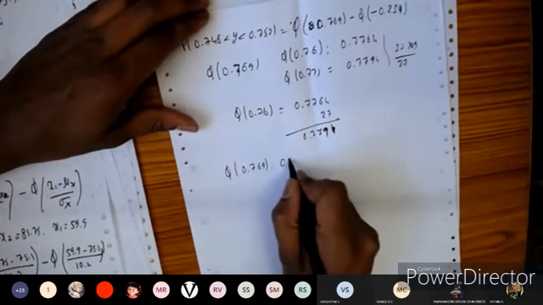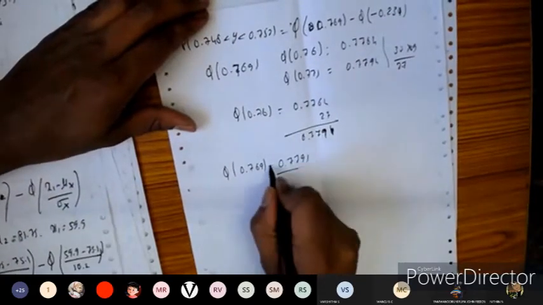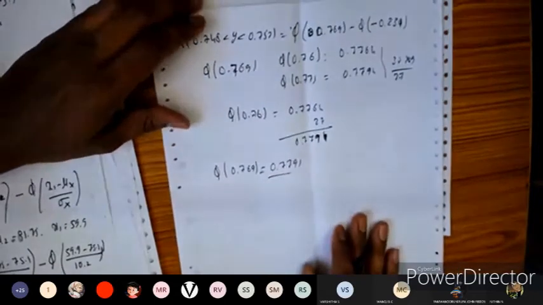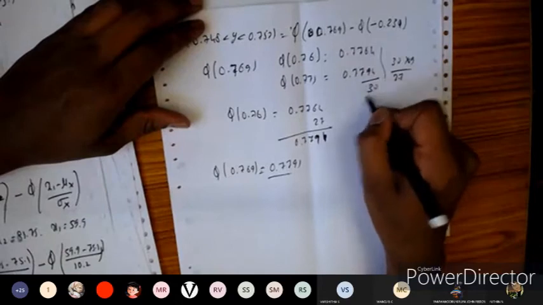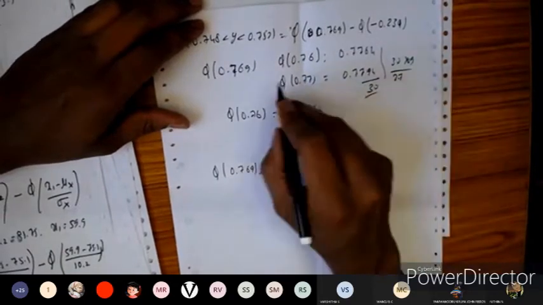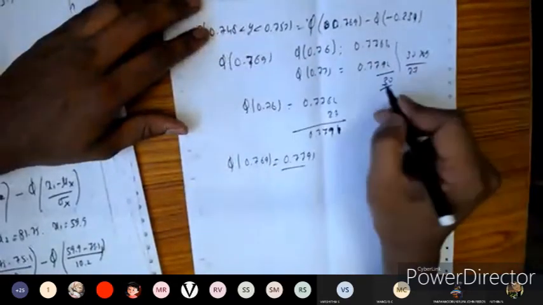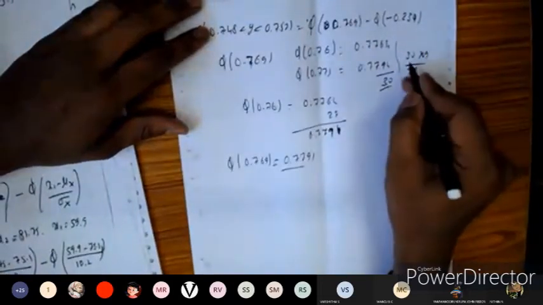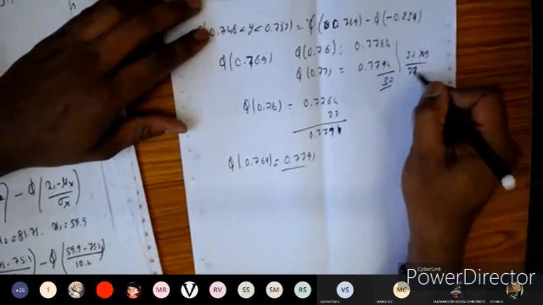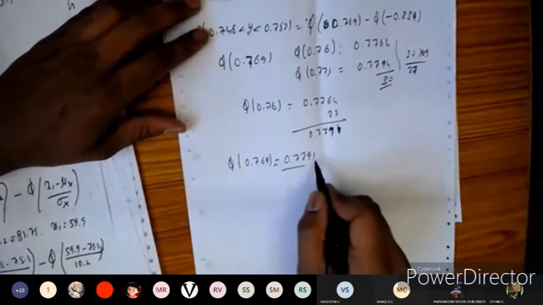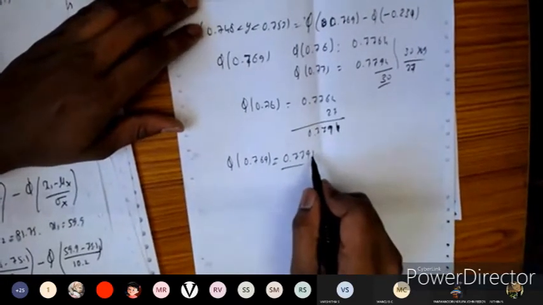So 0.769, the answer will be 0.7791. The difference of these two is 30 points. So let us multiply by 0.9, 90% of 30 is 27. So let us add 27 to this one, so it will become 0.7791.